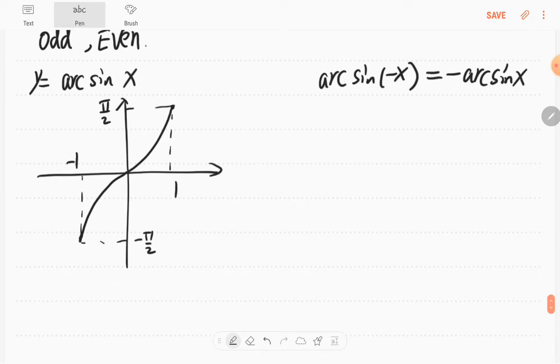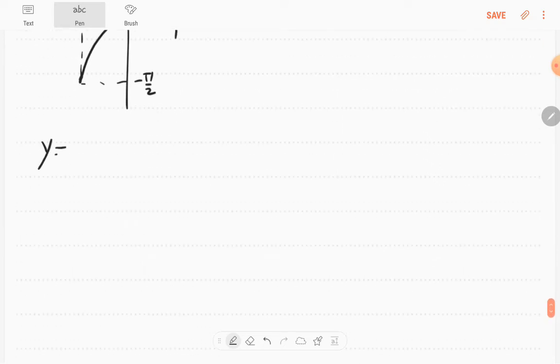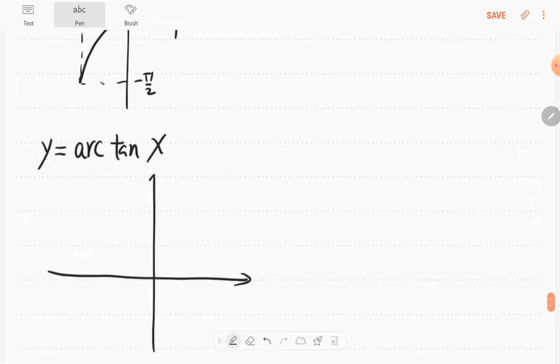The same thing for y equals arc tangent x. It looks like this.